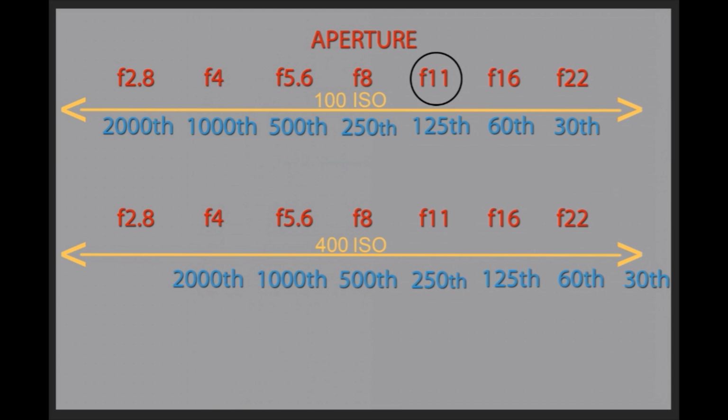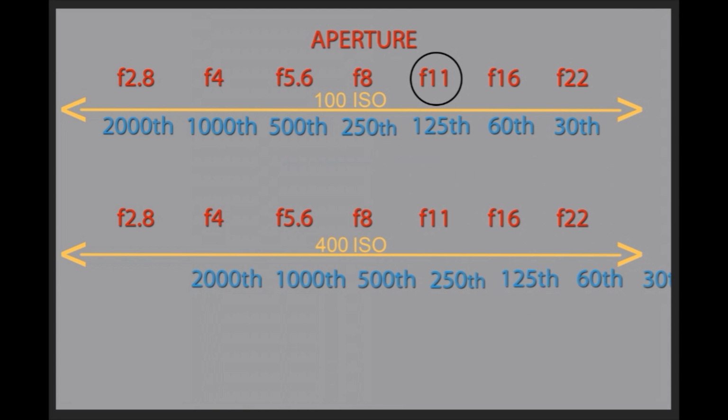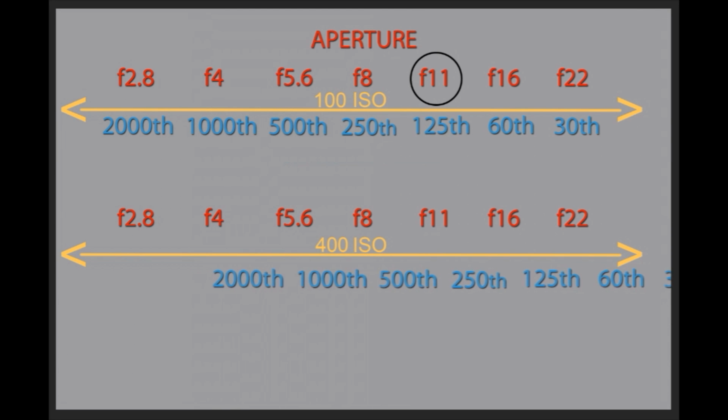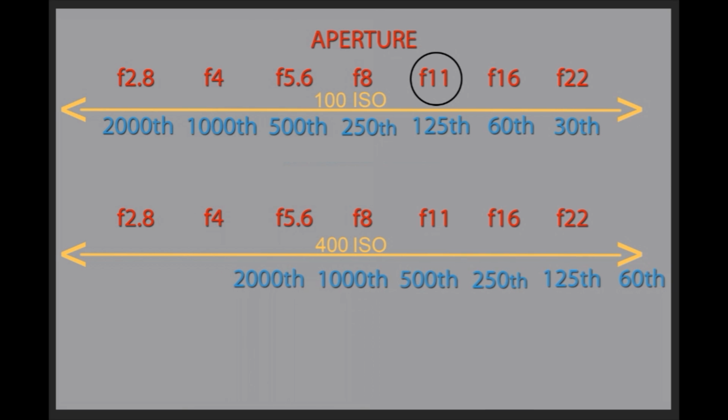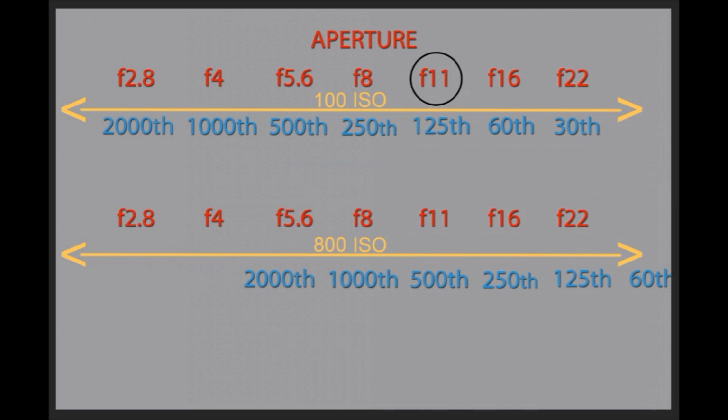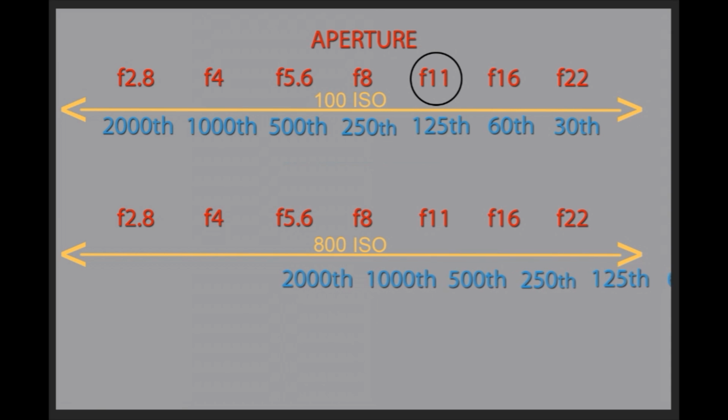If we change from 200 ISO to 400 ISO, then this, of course, will go that way as well. As will 800 ISO. We're getting more and more sensitive on the sensor. So this is going to take us up to 1,000th of a second at f11.